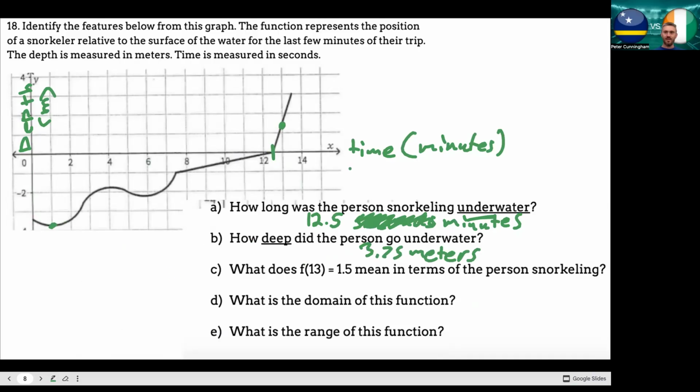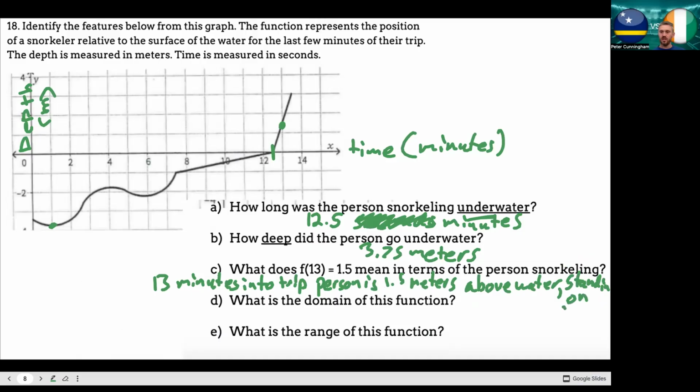So that would mean 13 minutes into the trip, the person is 1.5 meters above water. Why would that be? It is probably nice to point out that this person is now standing likely on a boat or the shore, standing on the surface.